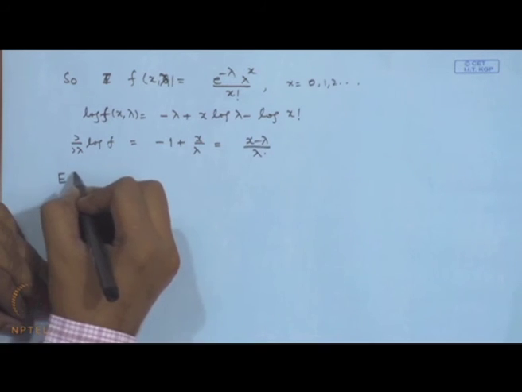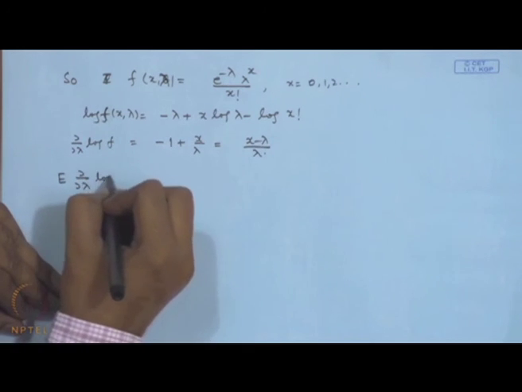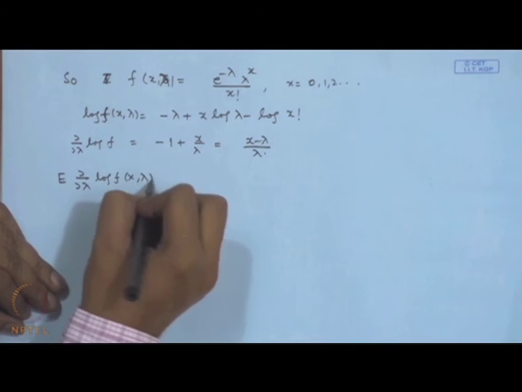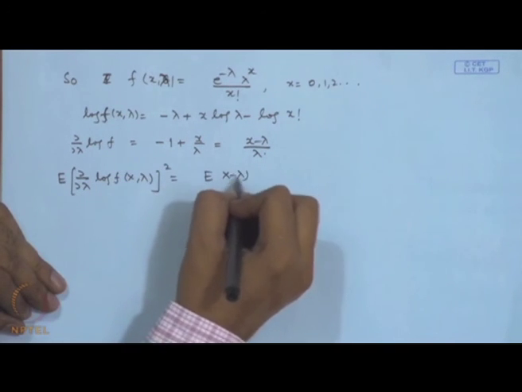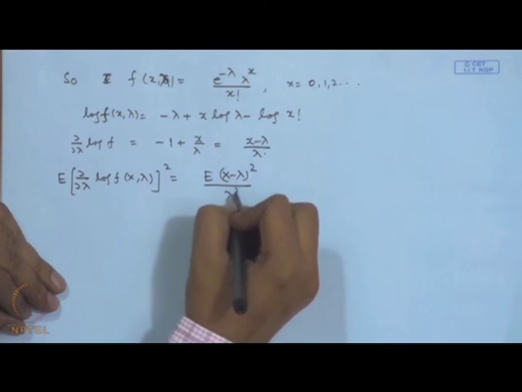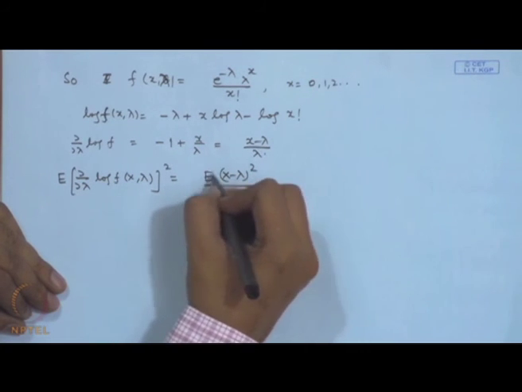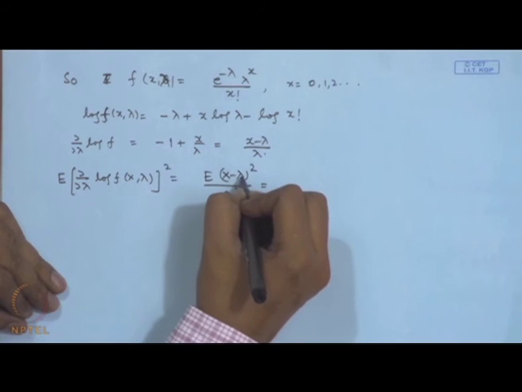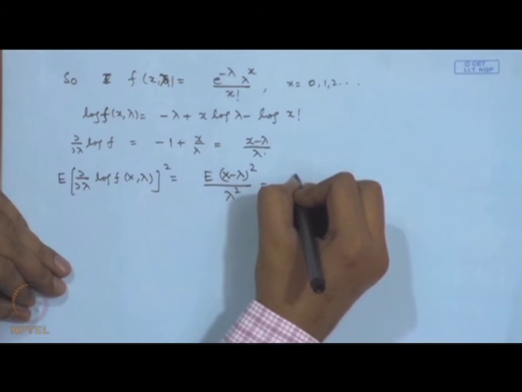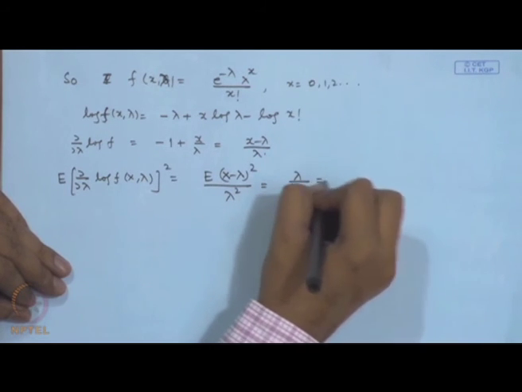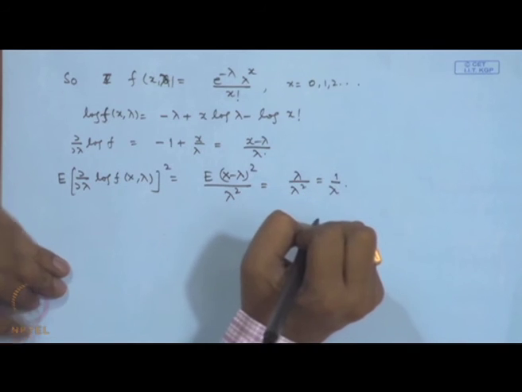So, expectation of del by del lambda log of f x lambda square, that is equal to expectation of x minus lambda square by lambda square. Now, this is nothing but the variance of x, because in Poisson distribution expectation of x is equal to lambda. So, this is equal to lambda by lambda square, that is equal to 1 by lambda.